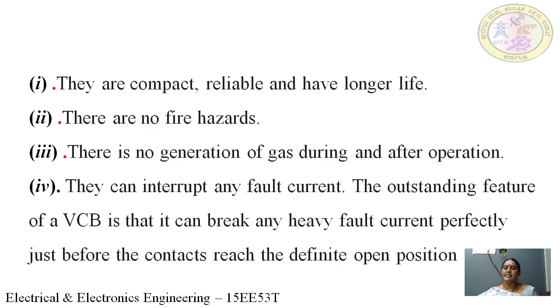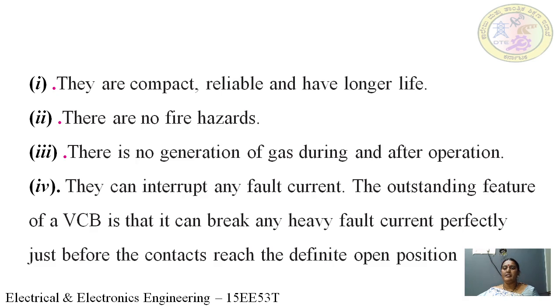Now let us see what are the advantages of a vacuum circuit breaker. They are compact. What do you mean by compact? The size of that is very less. The size required by that is very less.